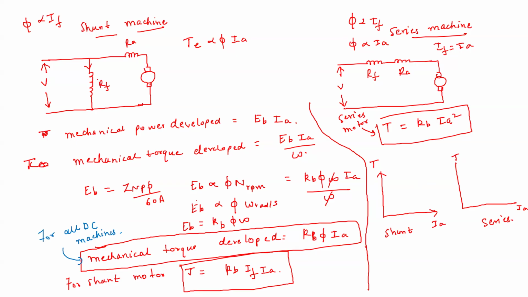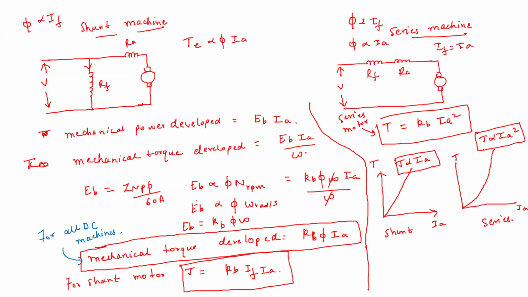If we consider that there is no change in the field resistance and no change in the terminal voltage, IF will remain the same. So torque will be linearly related to IA. It will be a straight line passing through the origin, y equals mx. So torque is proportional to IA. Now for the series machine, torque is proportional to IA square.